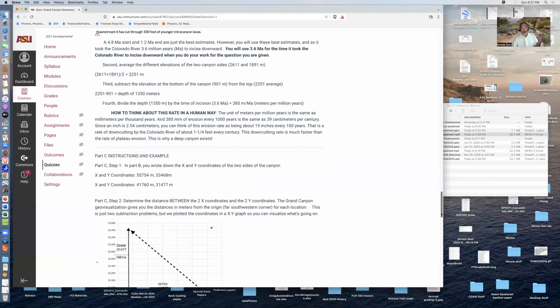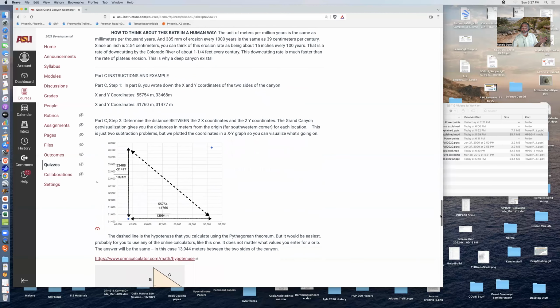The last piece of the puzzle is where you figure out the width of the canyon and how fast the canyon has been widening. So to do this, you're going to learn about the Pythagorean theorem. Oh, you probably already learned about it in middle school. See, the game has X and Y coordinates in meters, starting in the southwest.